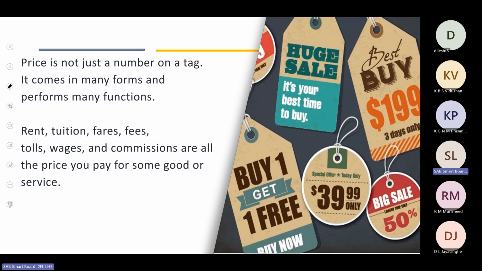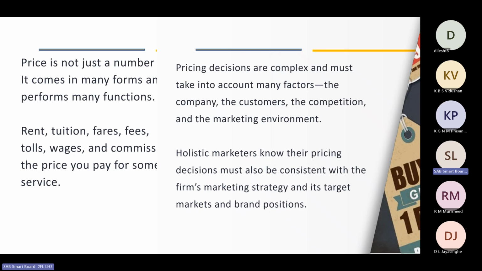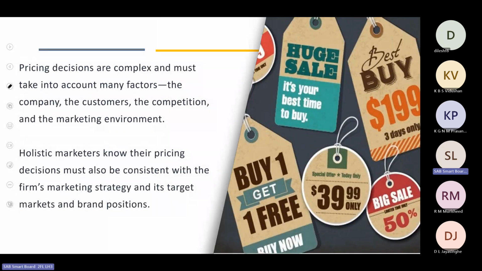Everything comes under the price of the product. And these pricing decisions are complex and must take into account many factors like the company, customers, competition, and the marketing environment, right? And holistic marketers know their pricing decisions must also be consistent with the firm's marketing strategy and its target markets and brands.